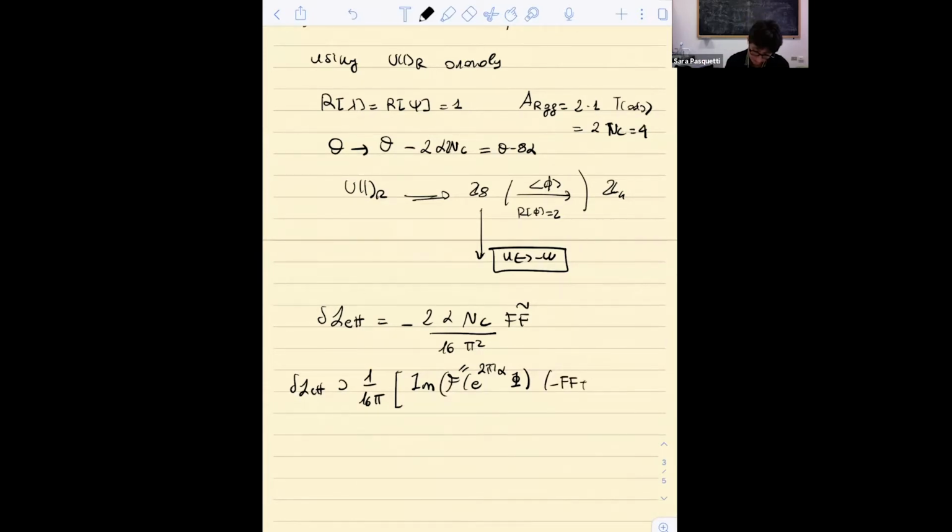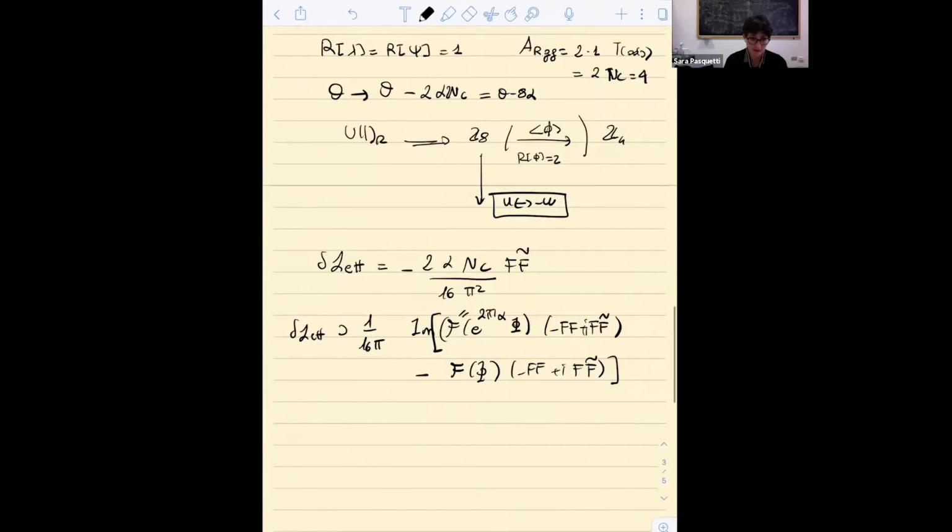This multiplies the F F tilde term, and then I remove the contribution without the rotation. So this is the part that should be responsible for the anomalous rotation that we are discussing.